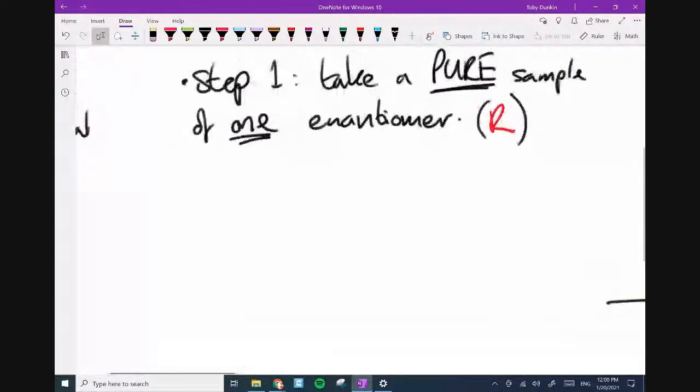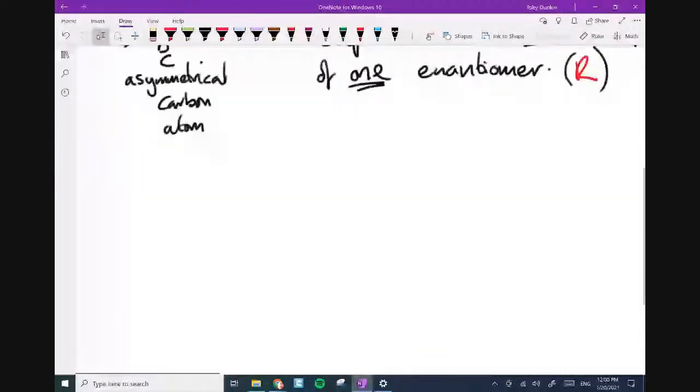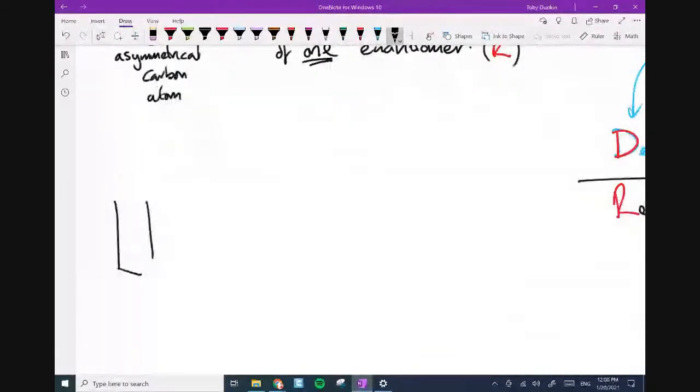Step one, take a pure sample of one enantiomer. Right, let's draw this as a picture. Here's my pure sample in a little cuvette.